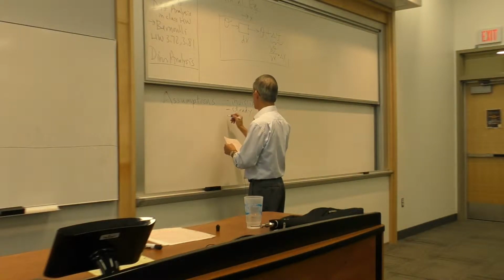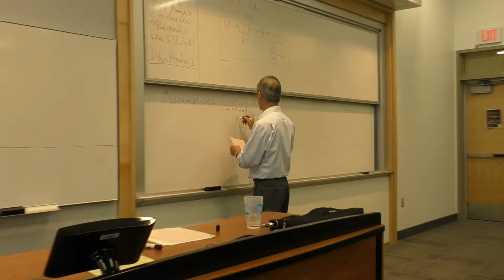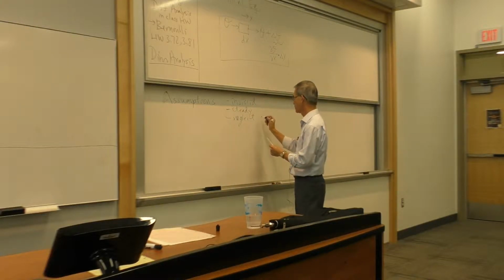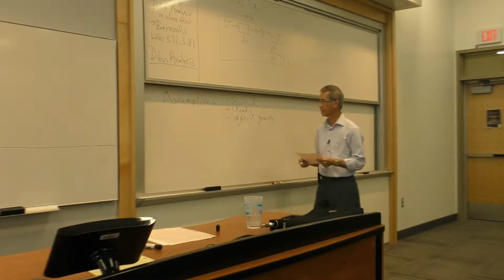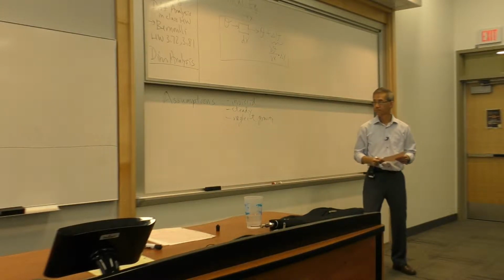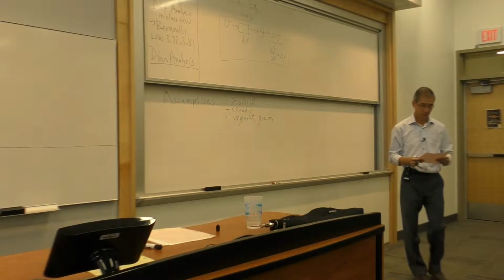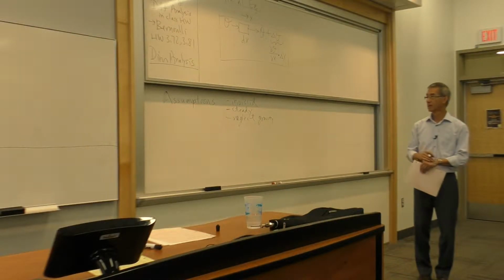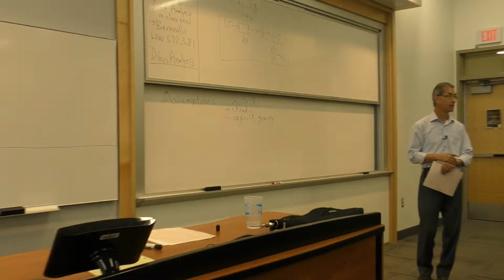We also assume it's steady. For the time being, just to make the algebra more tractable and focus more on the physics, we're going to neglect gravity. That can be added later on, and we will. So I'm making a list of assumptions from which I can simplify my analysis.